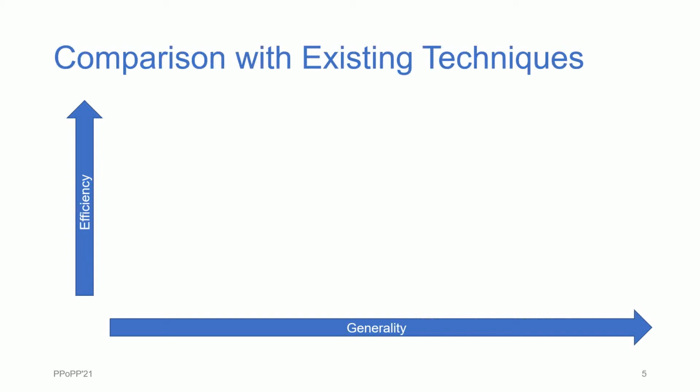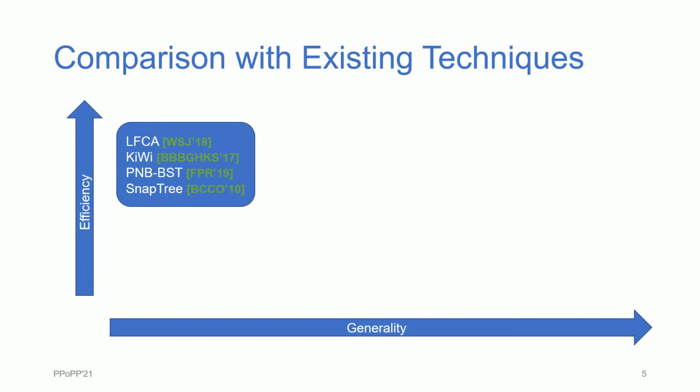The y-axis represents practical efficiency, and the x-axis represents the number of data structures the technique applies to. On one extreme, we have specially designed data structures for supporting range queries, such as LFCA and Kiwi. And on the other extreme, we have software transactional memory, which is able to make any sequential data structure concurrent.